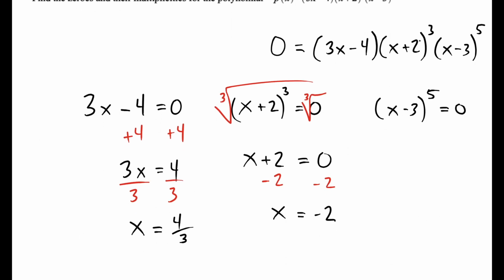But because there is a cube on the x plus 2 factor, that means we have a multiplicity of 3 for that factor and for that root.